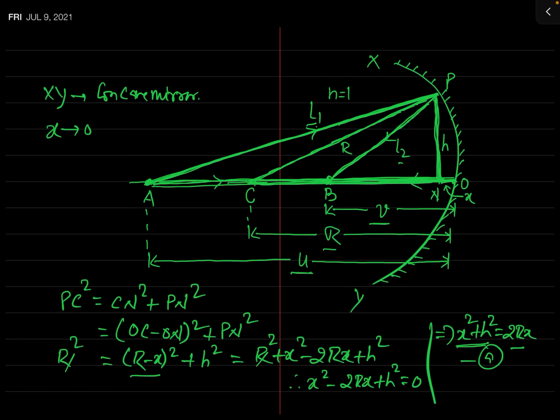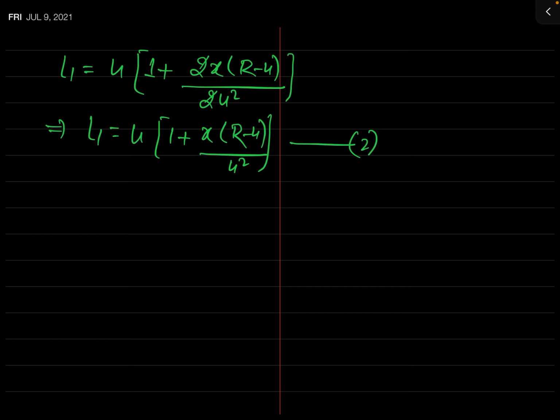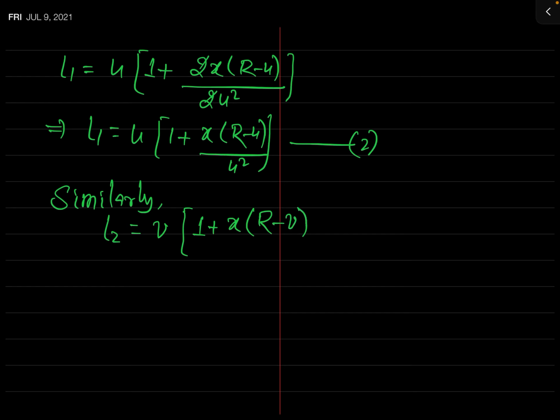We can write its value on the basis of induction, seeing that result which we have obtained for L1. So similarly, what will be L2? L2 will be, we will write simply V at the place of U. So V into 1 plus X into R minus V.